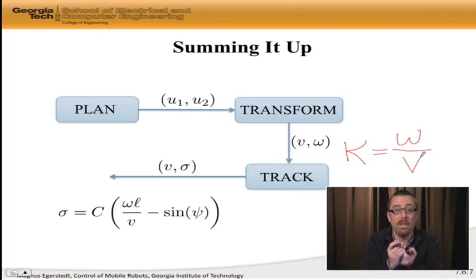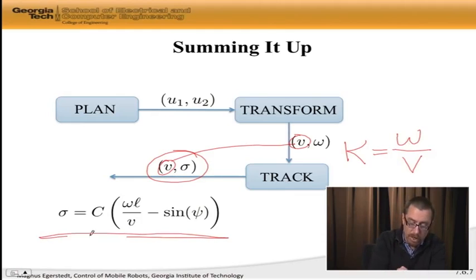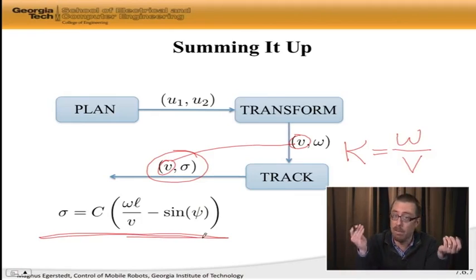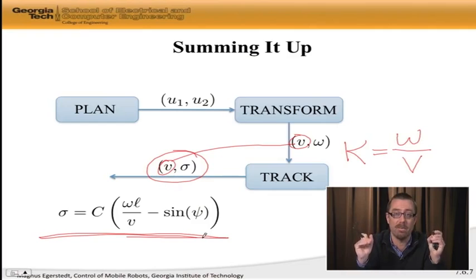Well, let's use this curvature idea to make the car track the unicycle, which gives us V and sigma. And of course, this V is the same as that V, so we don't have to do anything about it. The only thing we have to do is to add what sigma should actually be. And this, ladies and gentlemen, allows us to make the car act like a unicycle simply by using this curvature idea. And this generalizes to other types of unicycle-like systems where pose, again, is really important.